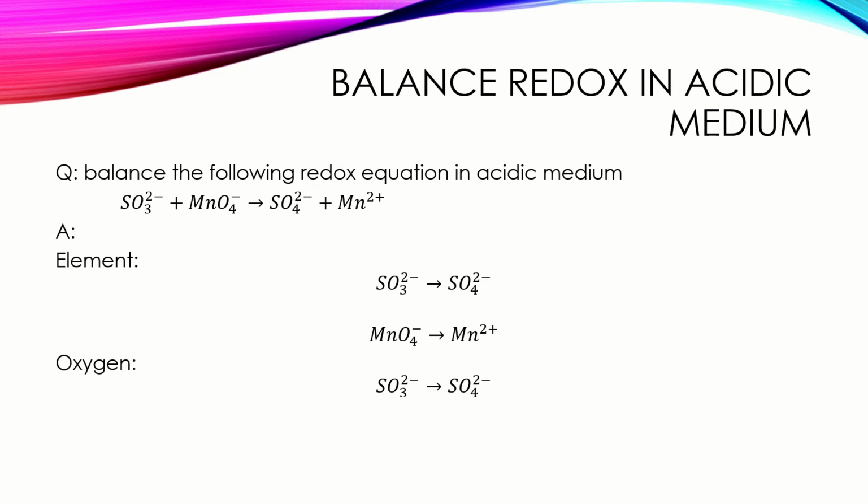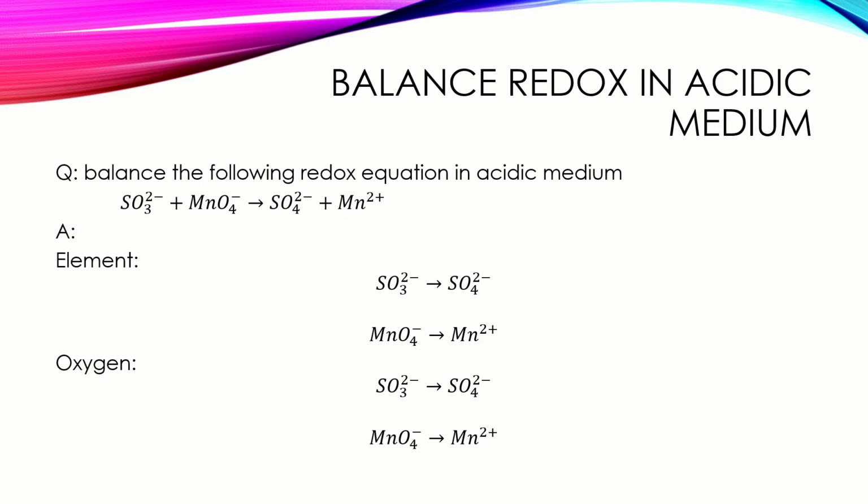Now, we are going to balance the oxygen. Look at SO3 2-. We have 3 oxygen, and in SO4 2-, we have 4 oxygen. And in MnO4- produce Mn2+, in MnO4- we have 4 oxygen, and in Mn2+, we have no oxygen.